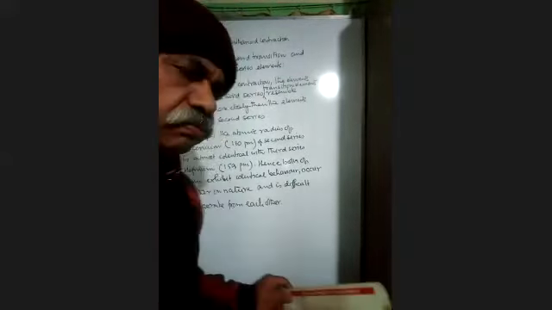This question is very important. This is very important for your exam. They'll ask you why it is difficult to separate zirconium from hafnium. So you'll write: due to lanthanoid contraction, they have almost identical atomic radii, hence they show similar properties and are difficult to separate.